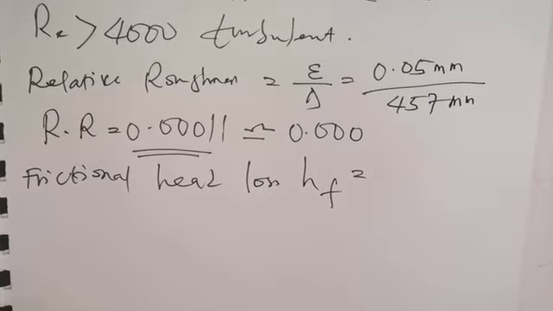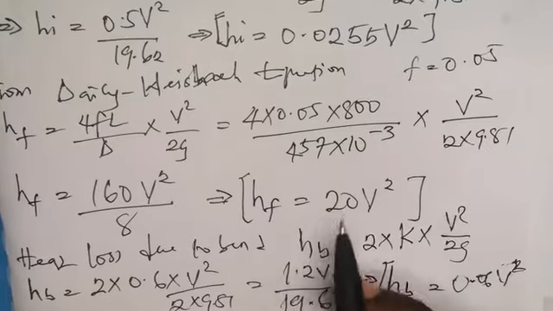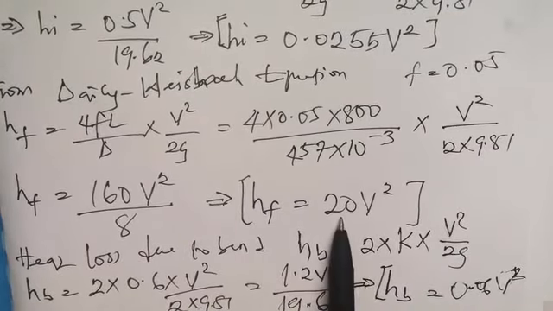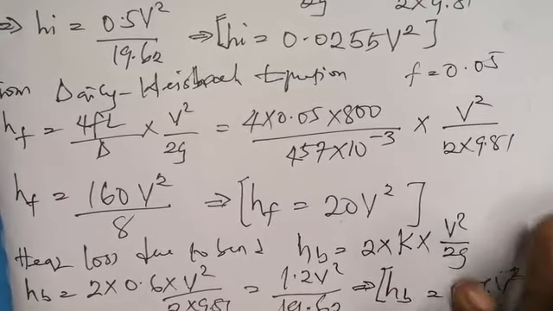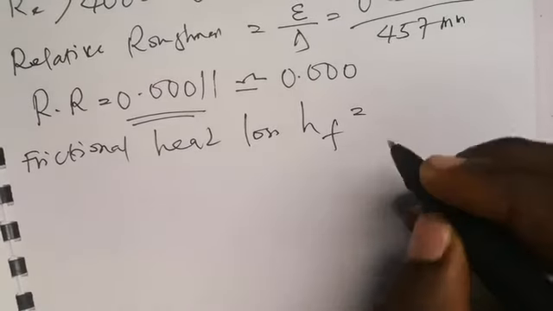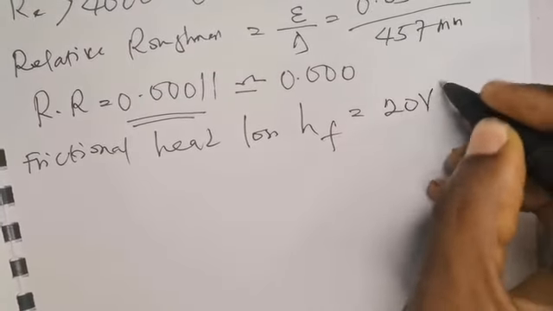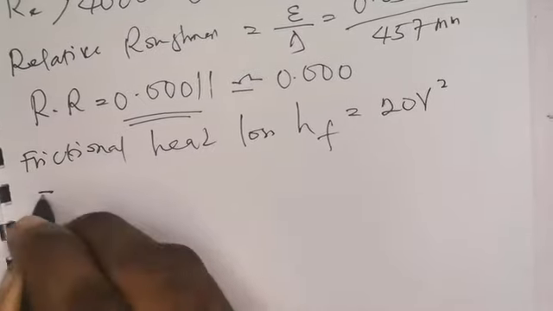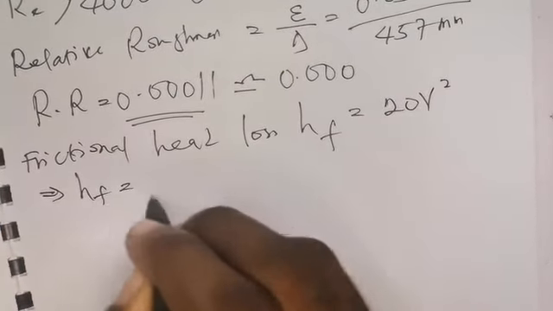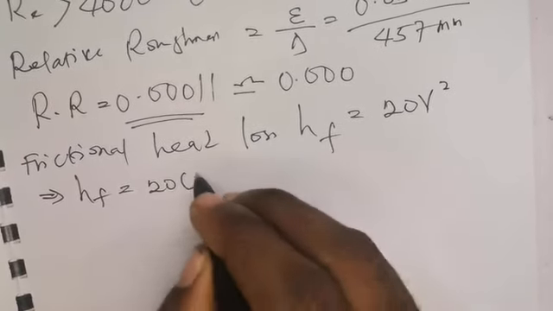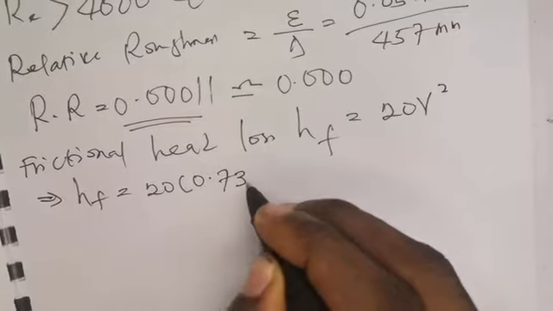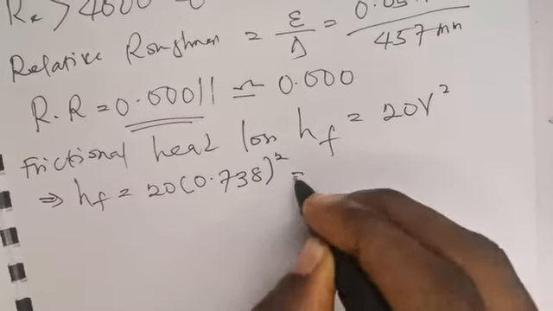Let me pull it up. We found the head loss due to friction as 20 V squared. Now we know the value of V, so let us plug it into the equation. The head loss due to friction is 20 times V, where V is 0.738, all squared.